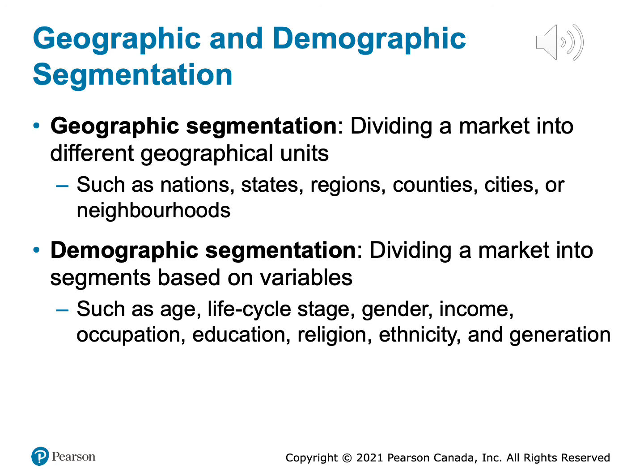And it's important to understand that these two types of segmentation strategies, geographic and demographic segmentation, are actually by far the most common segmentation strategies used by organizations. The reason organizations choose to use them is because they are actually easier.